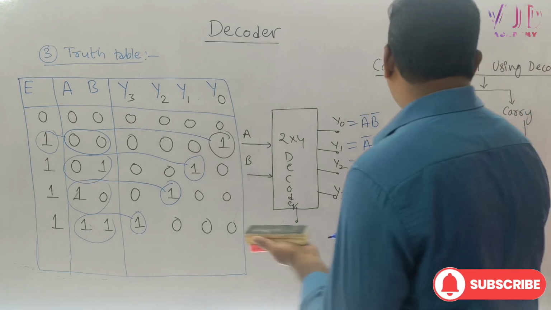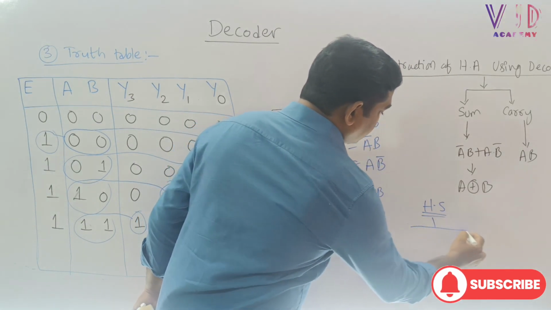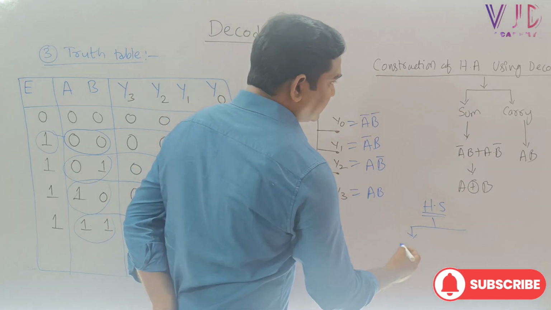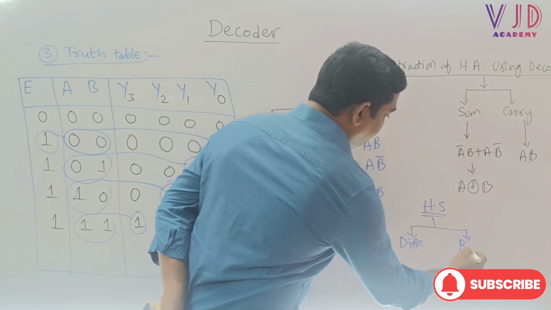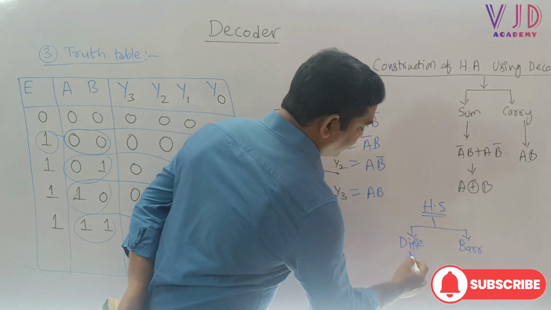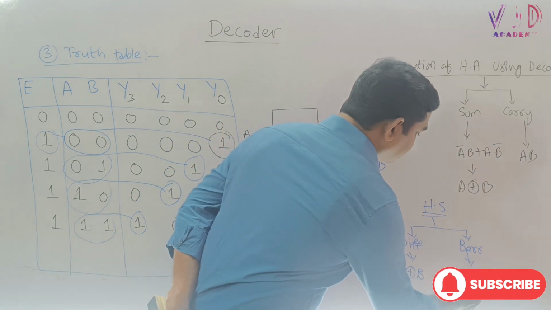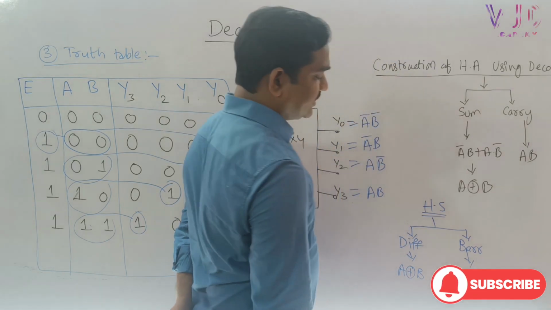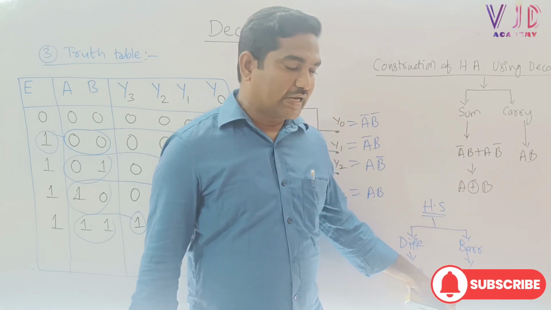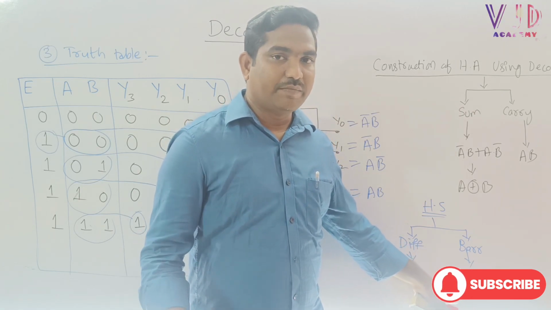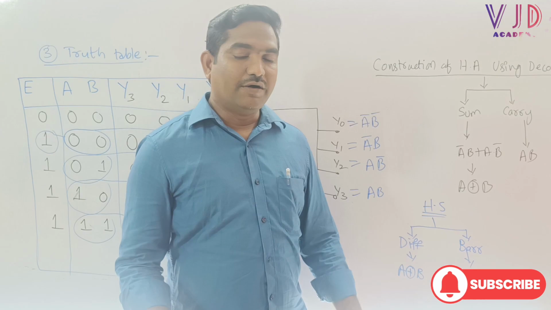The first is the difference and the second is the borrow. The difference output is A XOR B and the borrow output is A bar B. If we take the difference A minus B, we get the output A bar B. If we take the difference B minus A, we get the output B bar A. That is what we have seen in the half adder and half subtractor.